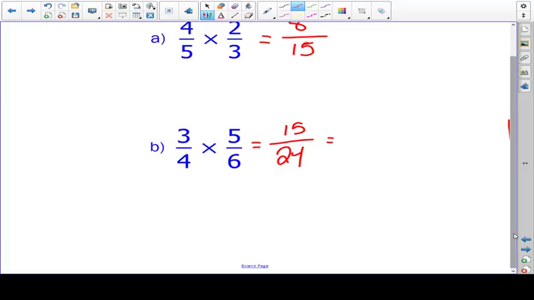Well, let's think about it. Does 2 go into 15? Nope, so it can't be 2. Okay, let's try 3. Does 3 go into 15? Yep. Does 3 go into 24? Yep. We're good to go.